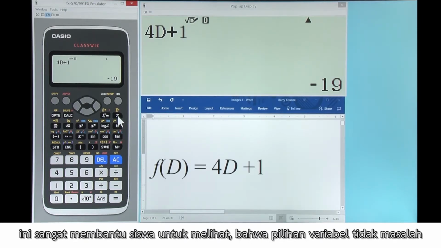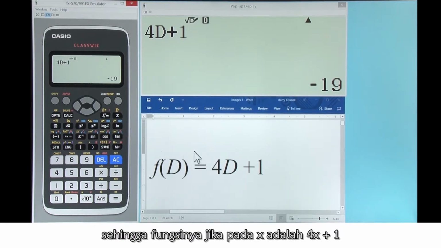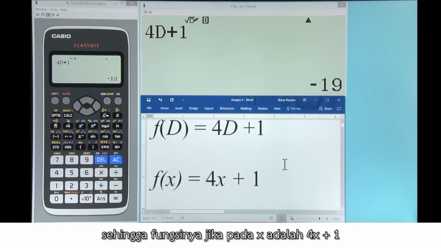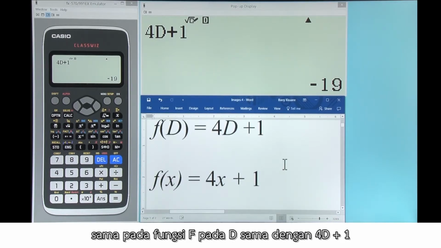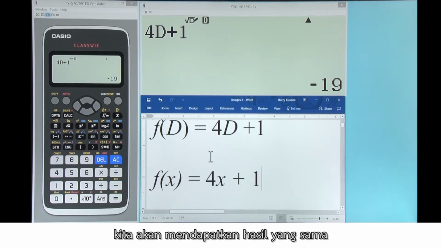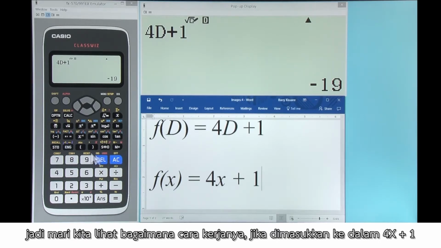It's helpful for students to see that the choice of variable does not matter, so that the function f(x) is 4x add 1 is the same function as f(d) is 4d add 1. So whether we use d or x for the symbol, we'll get the same result. So let's see how that works.